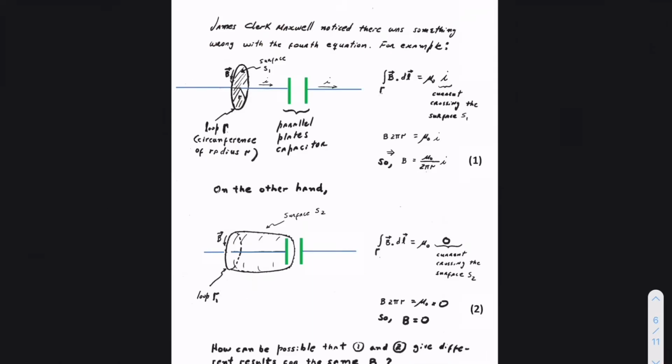Now you have to be a little careful about this current I, which according to Ampere's law is the amount of current that passes through the surface. But Ampere's law doesn't specify the geometry of this surface.